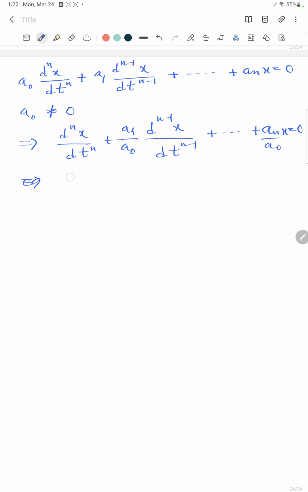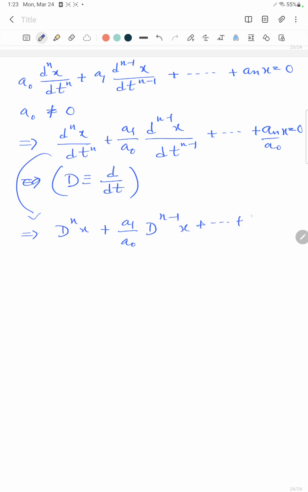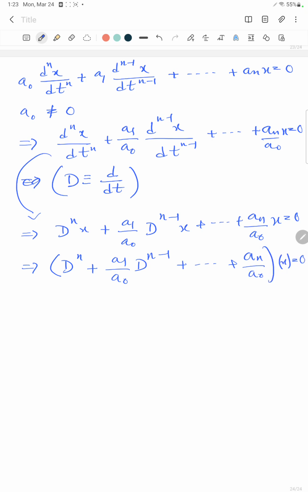If you take capital D to be the operator d/dt, then you can write this equation as D^n x plus a1 by a naught into D^(n-1) x plus dot dot dot plus an by a naught x equal to 0, which you can further write as (D^n plus a1/a0 D^(n-1) plus dot dot dot plus an/a0) operating on x and giving you 0.